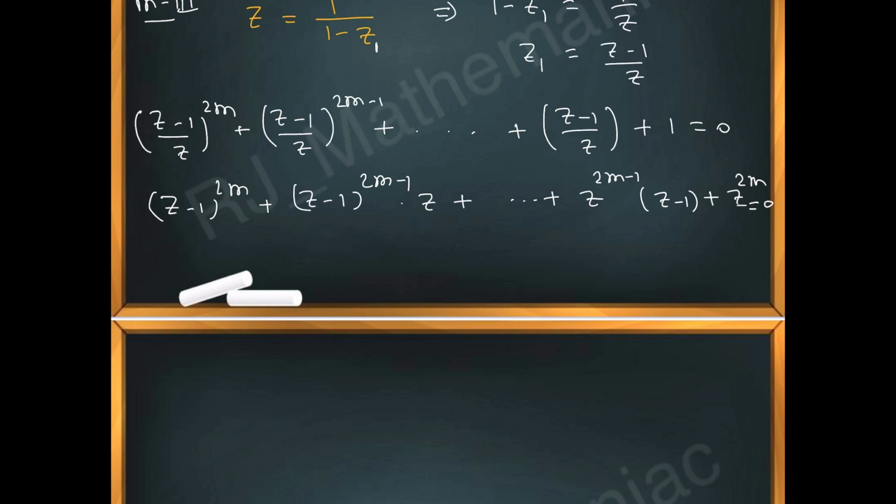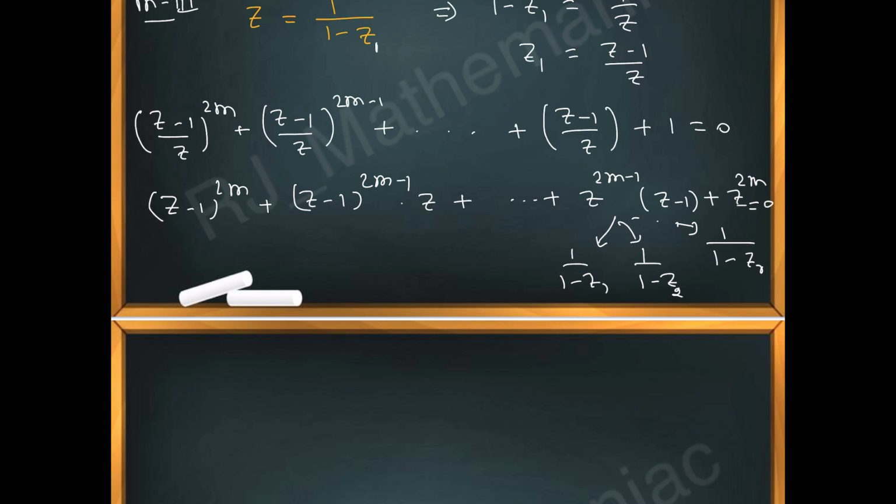Now we know that this equation has roots 1 upon 1 minus z1, 1 upon 1 minus z2, and so on, 1 upon 1 minus zr. Now it can be used: the coefficient of z power 2m and the coefficient of z power 2m minus 1 will give the answer.